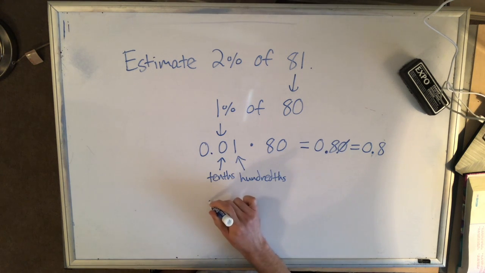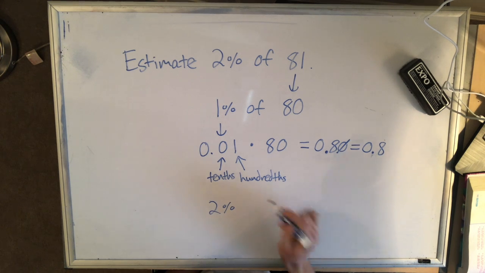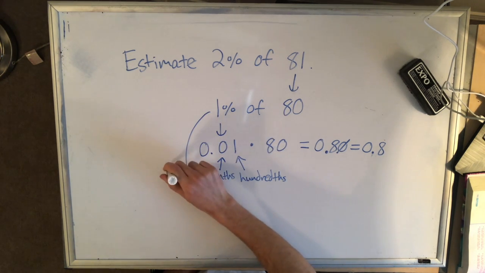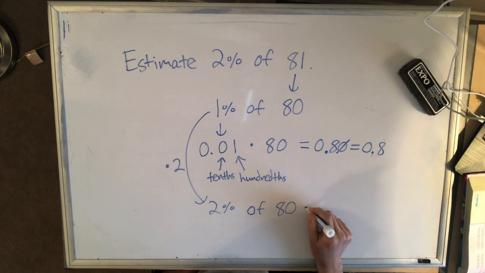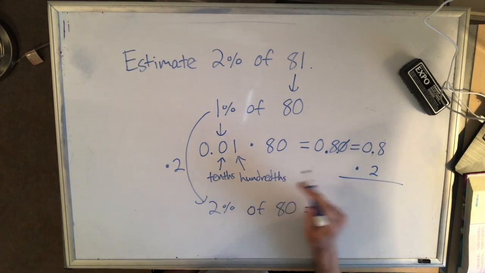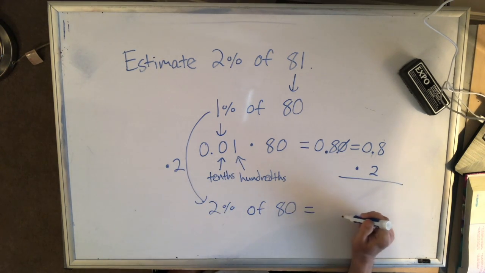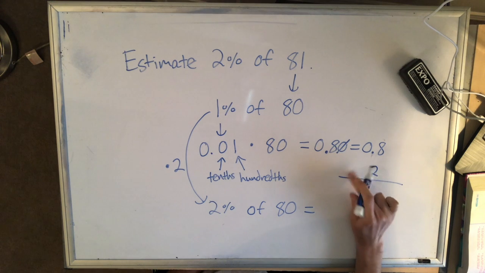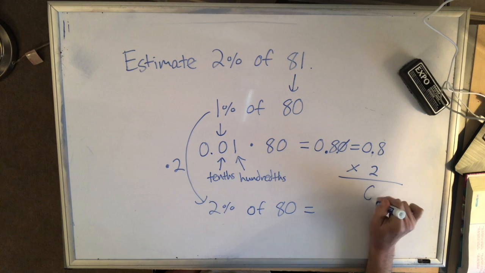And 2% is 2 times as much as 1%, right? 1% times 2 is 2%. So 2% of 80 is going to be 0.8 times 2. If 1% of 80 is 0.8 and 2% is 2 times as much as 1%, then 2% of 80 is going to be 0.8 times 2. 8 times 2 is 16.